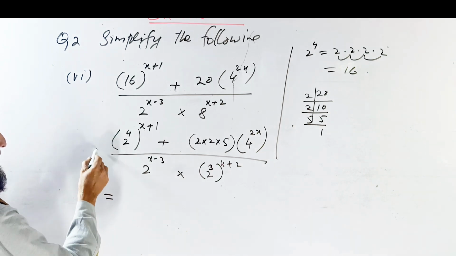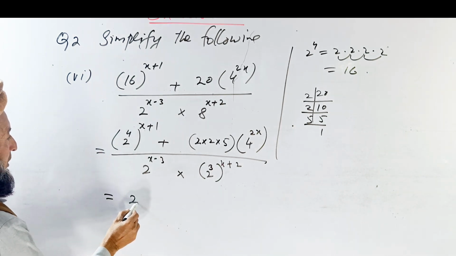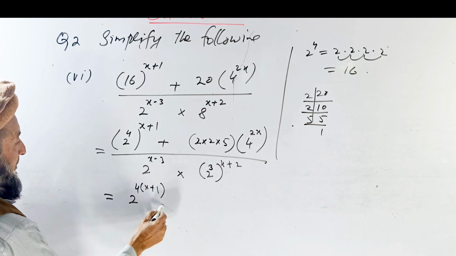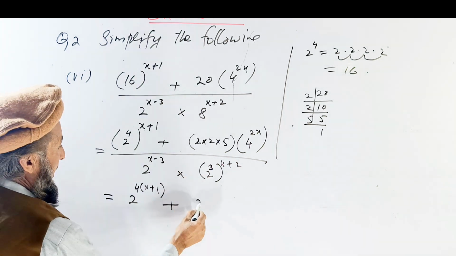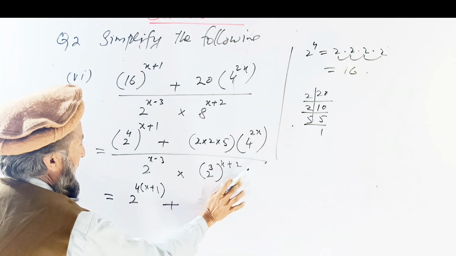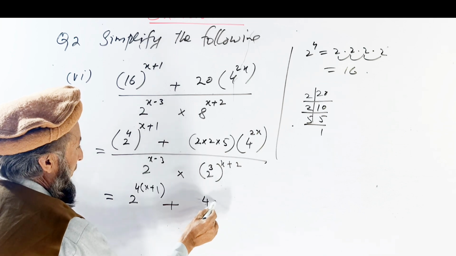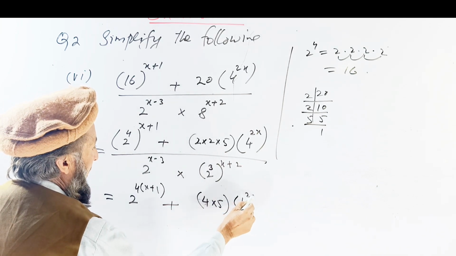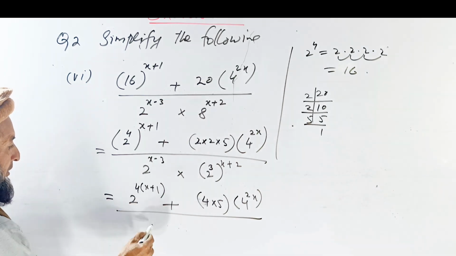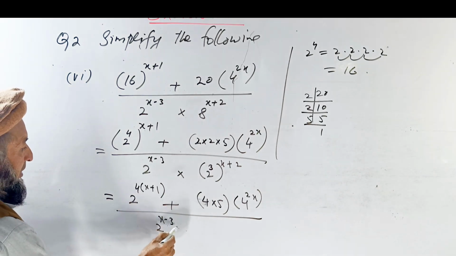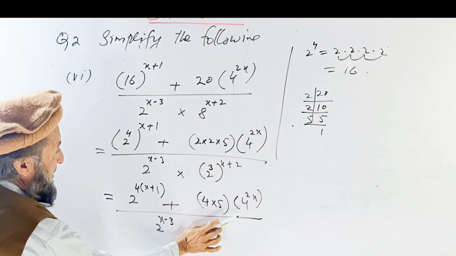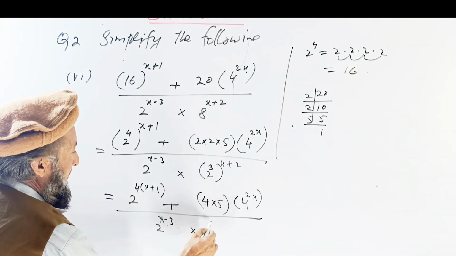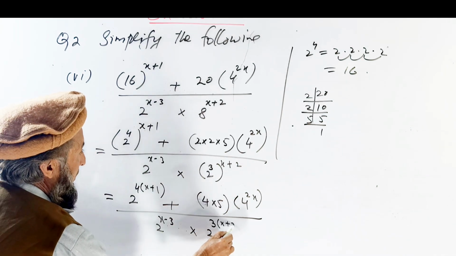According to the double exponent rule, here we are using 4 into (x+1) plus, this will be 4 because there is 4 into 5 into 4^(2x) divided by 2^(x-3) multiply 2 power double exponent, 3x plus 2.